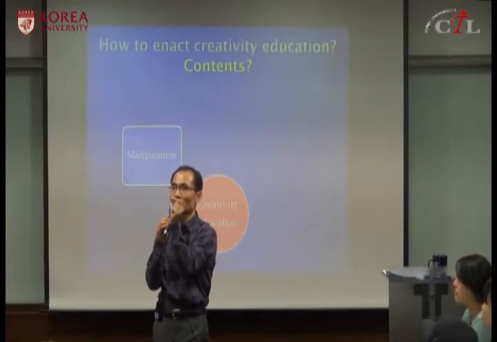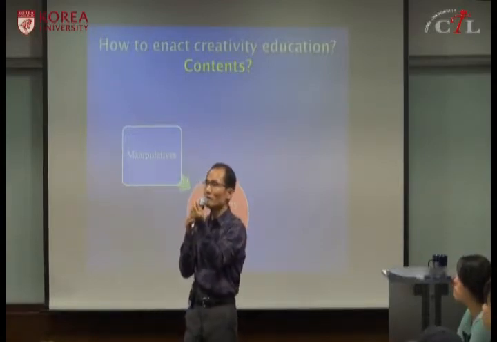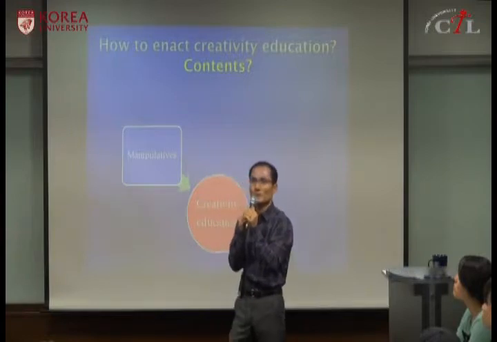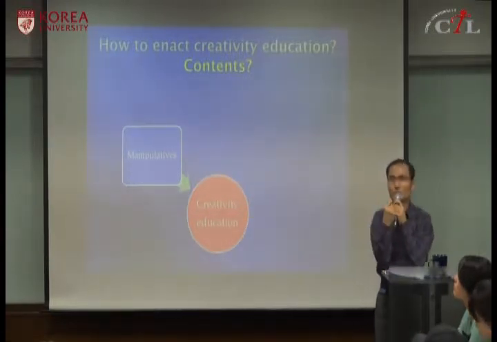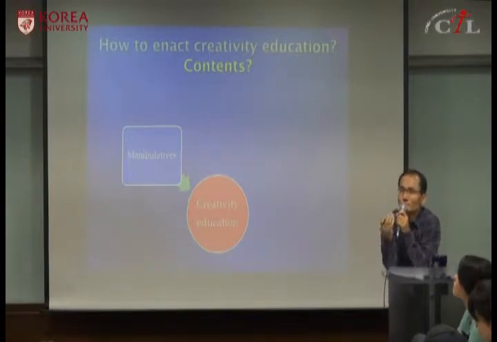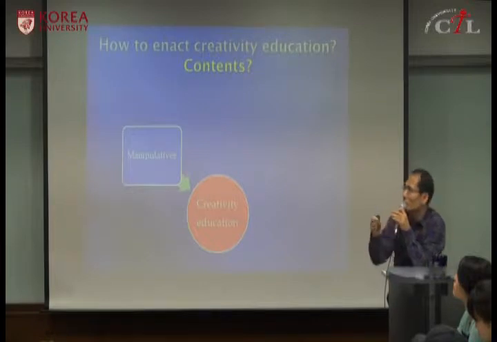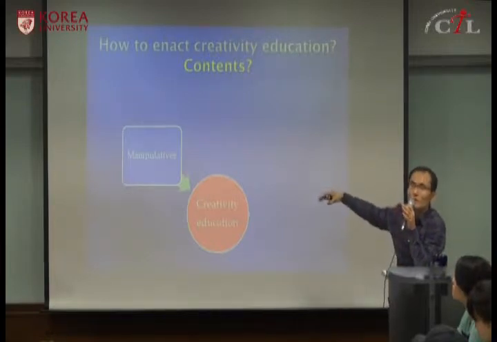Can you see the differences between manipulative and representation? So that's why I think manipulative, such as base-ten blocks, should be considered for creative education. Anyway, we can discuss more about this issue later.